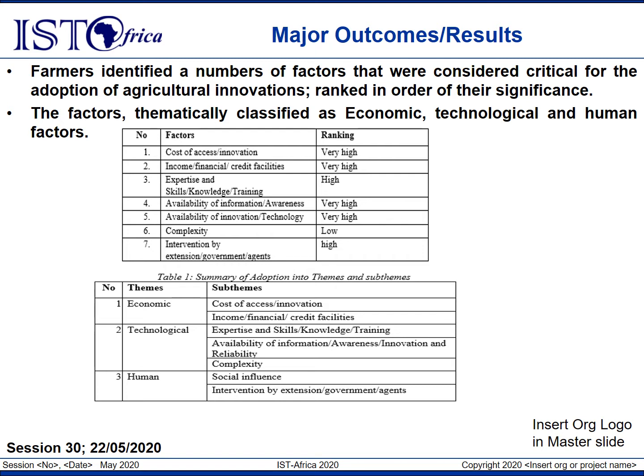Farmers identified a number of factors that were considered critical for the adoption of agricultural innovations. They then ranked them in order of their significance, either as very high, high, or low. 7 factors were identified. 1.